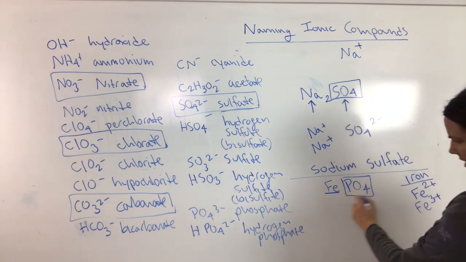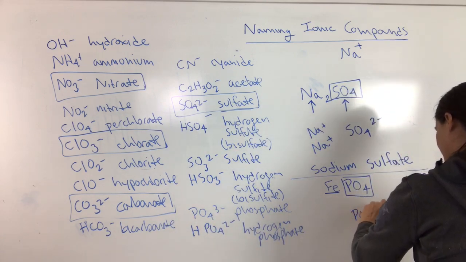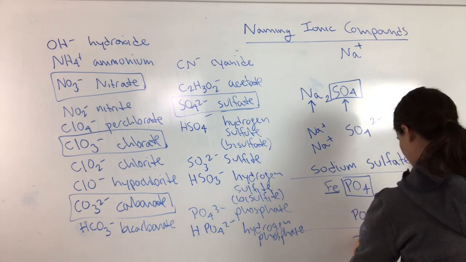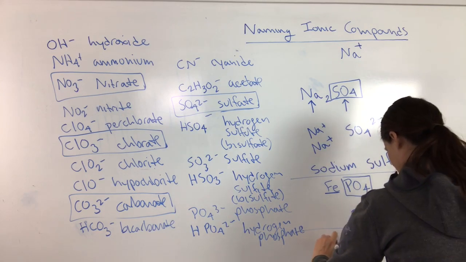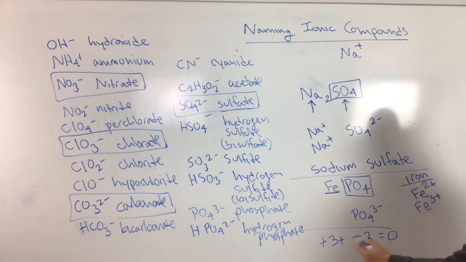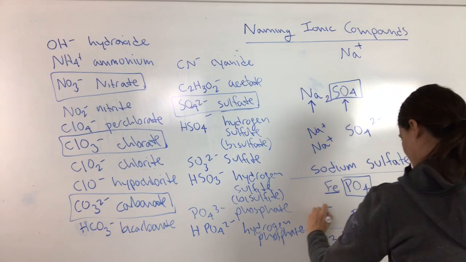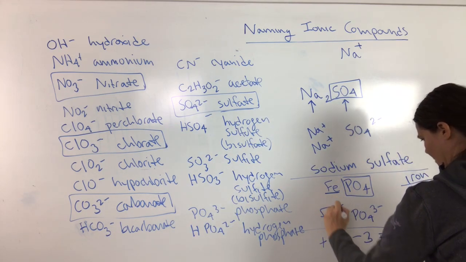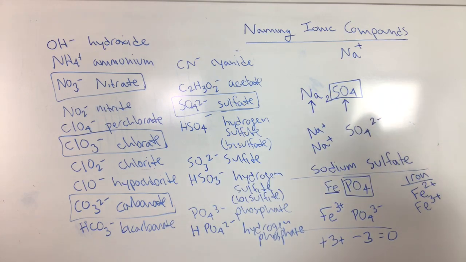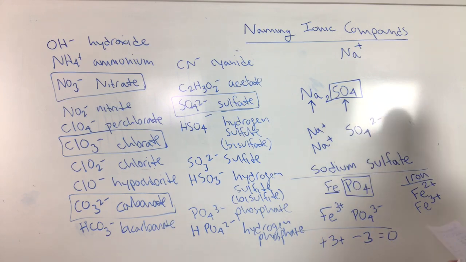Well, we know what the charge on phosphate is. It's 3-. So we know that PO4 3-, and so we have a -3 charge. We need to add a +3 to the -3 to get a net charge of 0. And we know that we have 1 iron, so this iron has to have a 3+ charge, because we have a -3 here, so +3 - 3 is equal to 0.